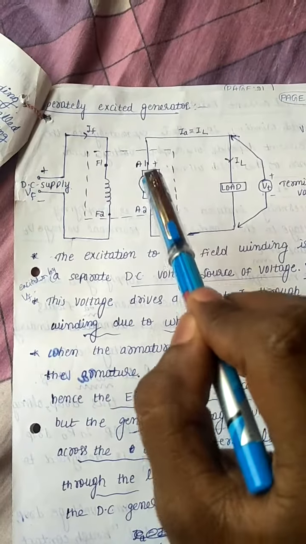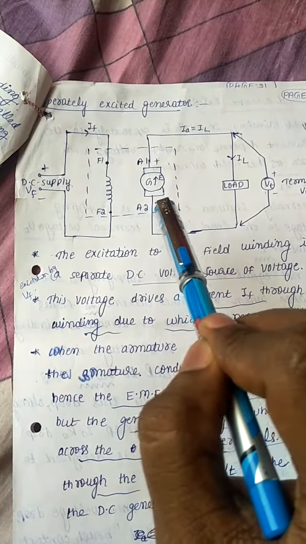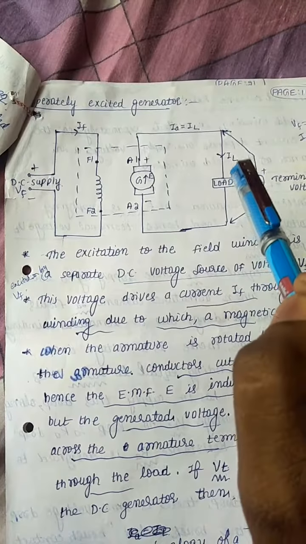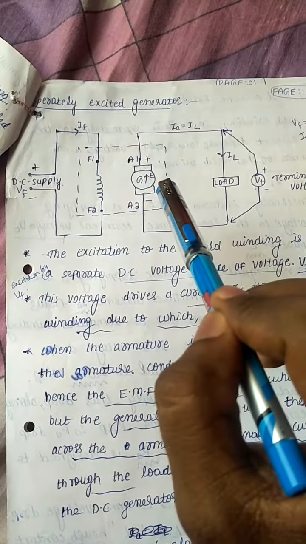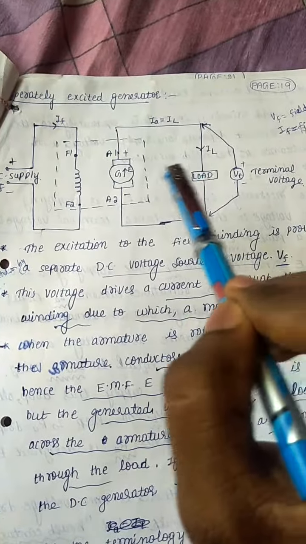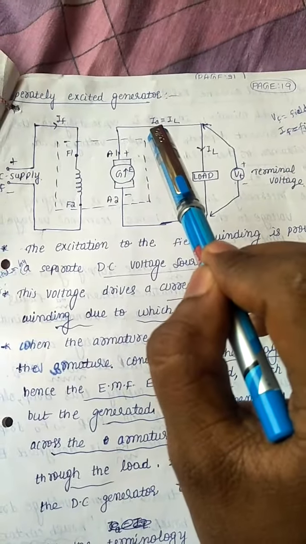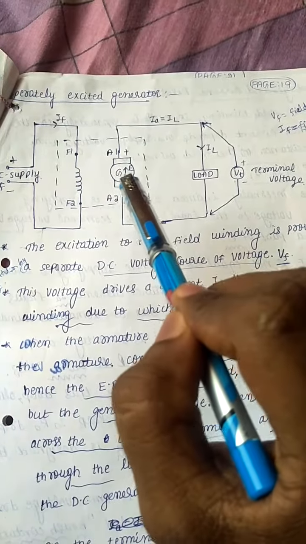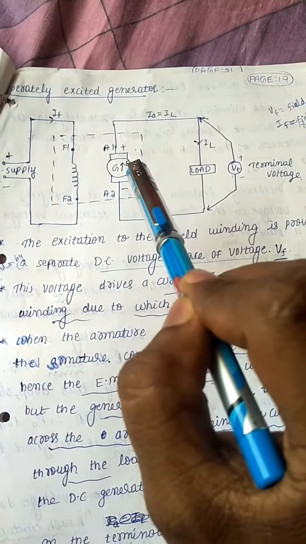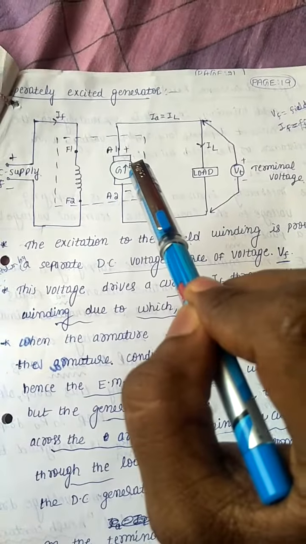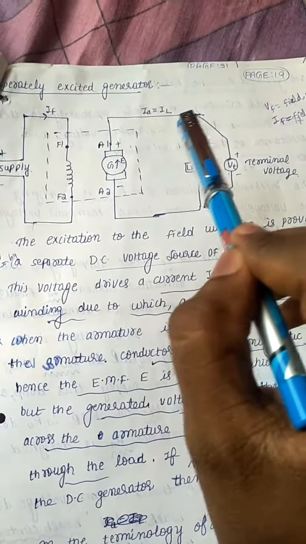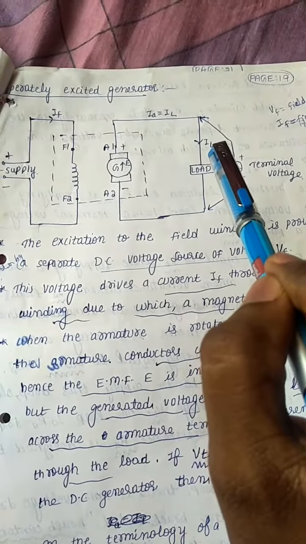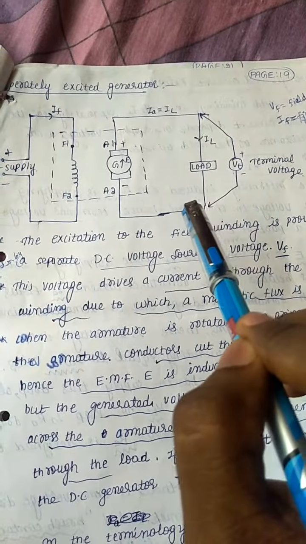A1 and A2 are the armature ends, and we have connected the load across the generator. Ia means armature current due to the induced EMF in the armature. Ia, the current due to E, is the same as IL. IL is the load current flowing through the load.